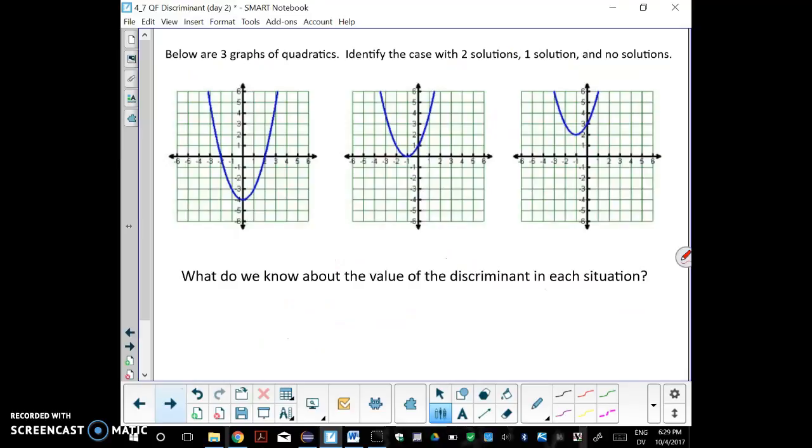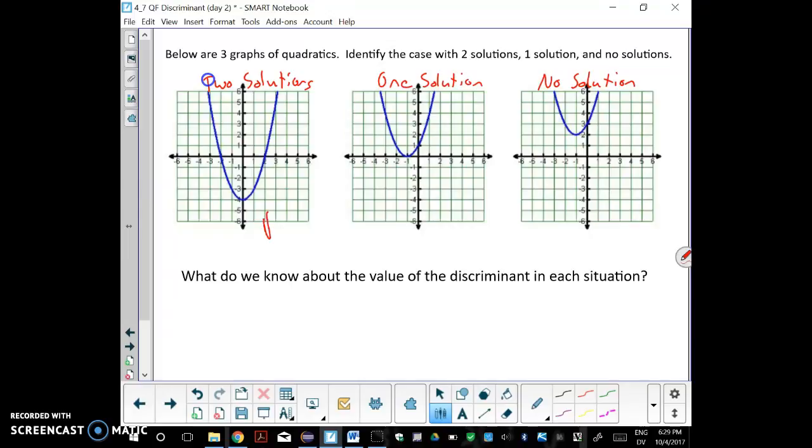Real quick summary of what we learned today. All right, graphically, we know that with a quadratic, three things can happen. You can end up with two solutions where it crosses twice, one solution where it crosses the x-axis only once, or no solution. Okay, and all we wanted to do is relate that now to our quadratic formula, and the key is the number under the check mark, that's the discriminant.